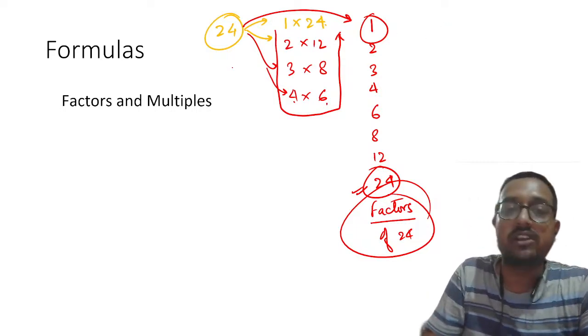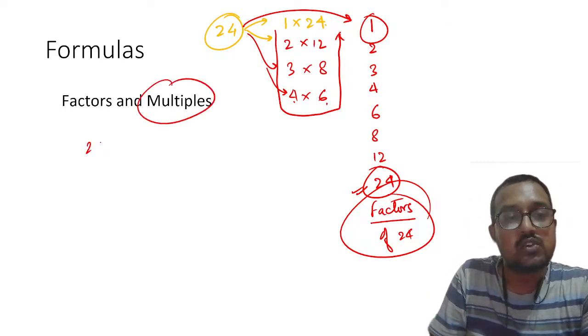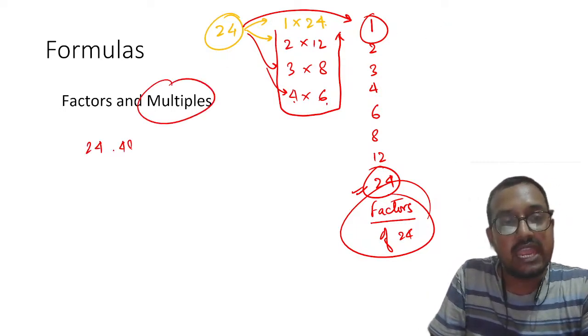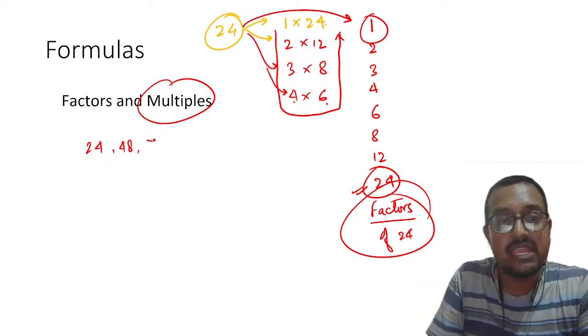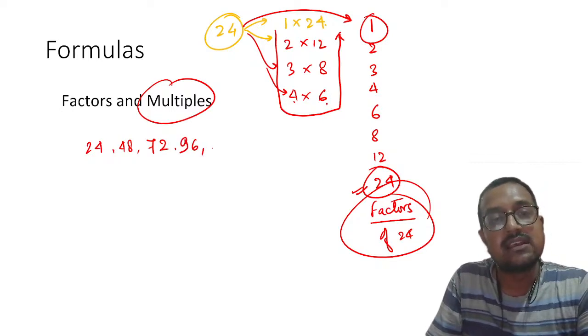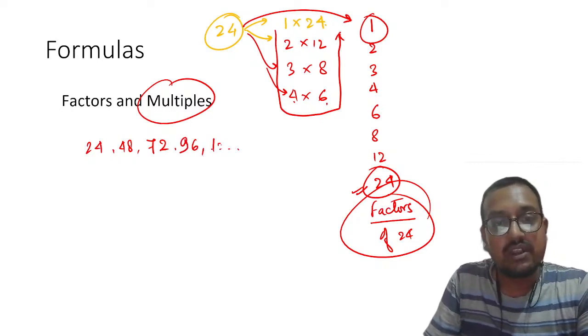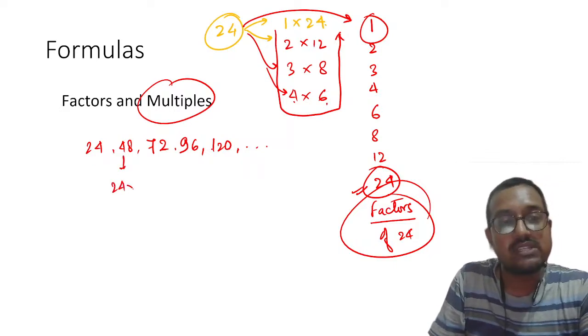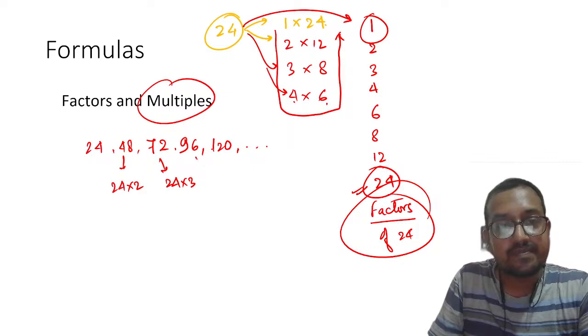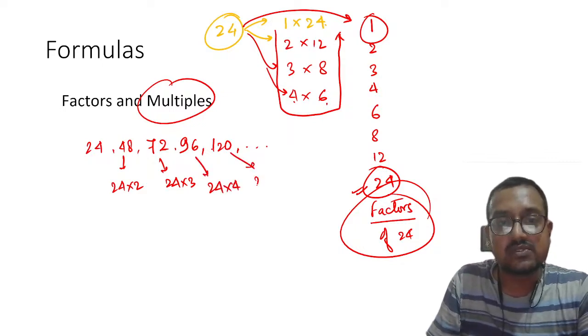On the other hand, when I talk about multiples, 24, then 48, I have to simply multiply. 72, then 96, 120 and so on. So this is 24 into 2, this is 24 into 3, this is 24 into 4, this is 24 into 5 and so on.